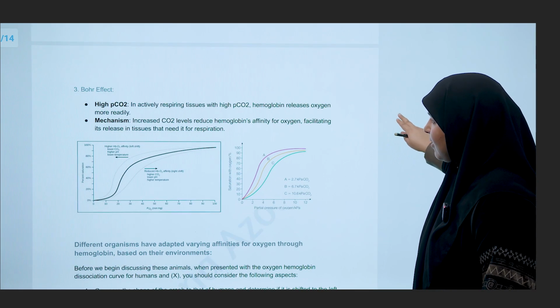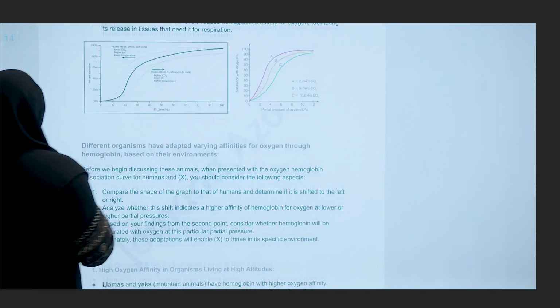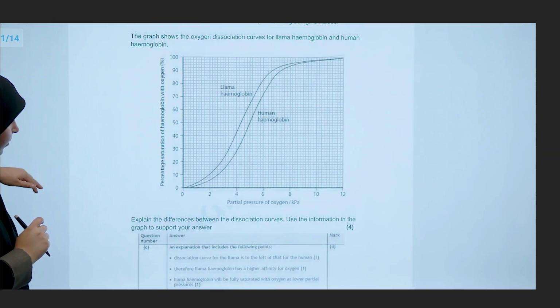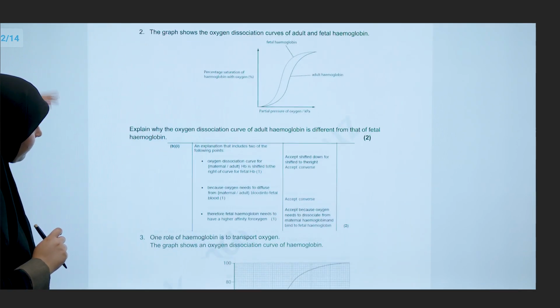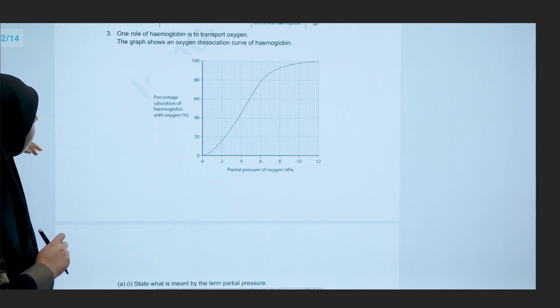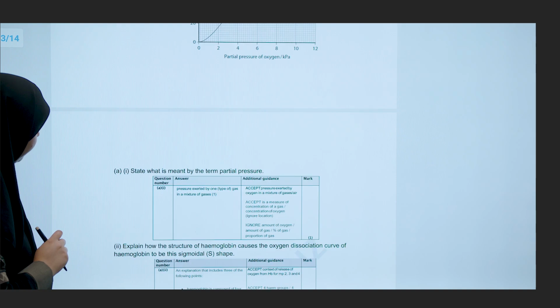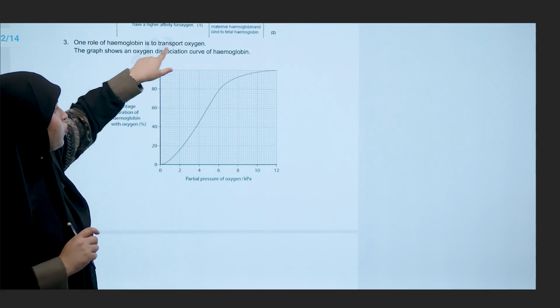Now let's see something. I would like to show you a set of questions before going into this. This is the mama hemoglobin. So one role of hemoglobin is to transport oxygen.